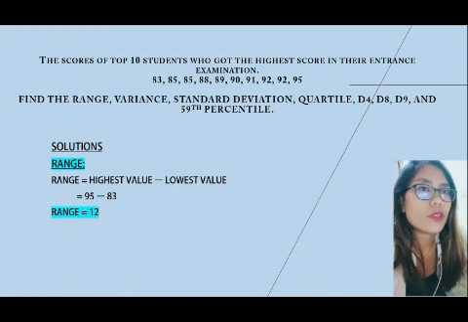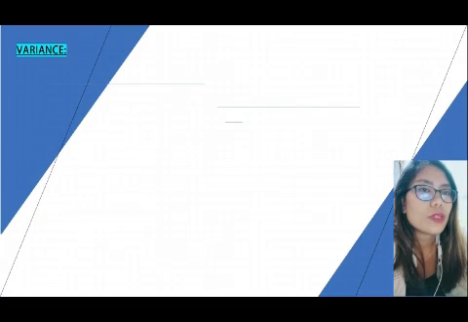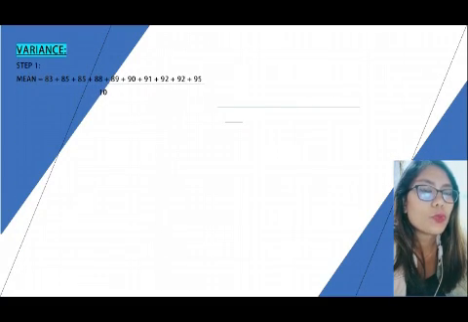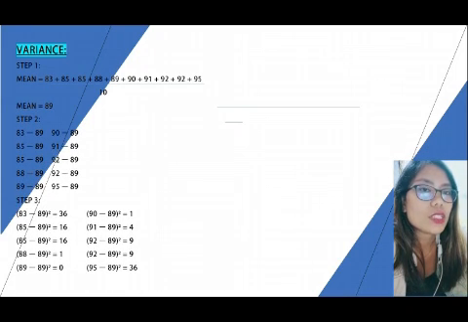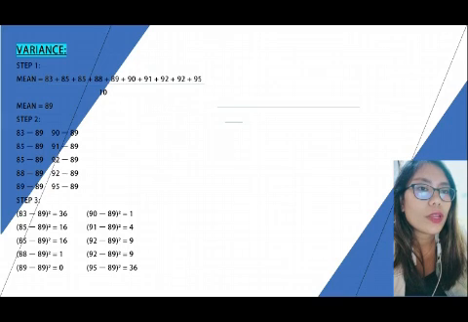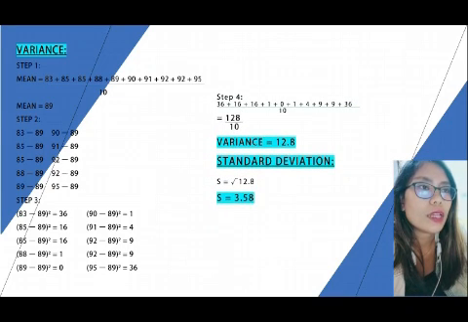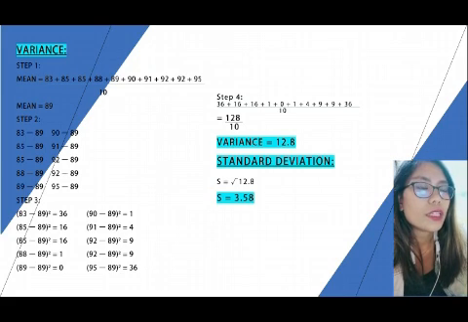Next one was the variance. Again, step 1, get the mean. The mean for this one is 89. Step 2, get the difference between the mean and each data. Step 3, we're going to square all the differences. Step 4, get the sum of all the squared data and then divide it by n, which is 10.